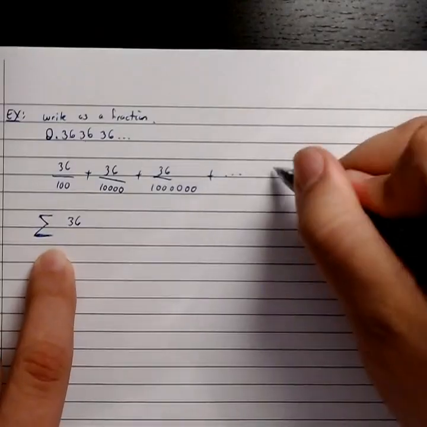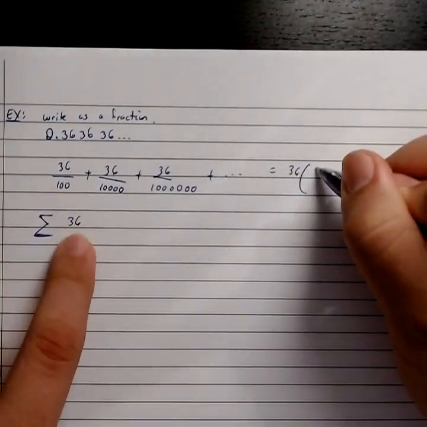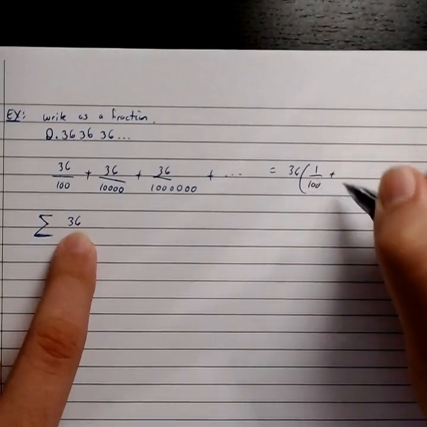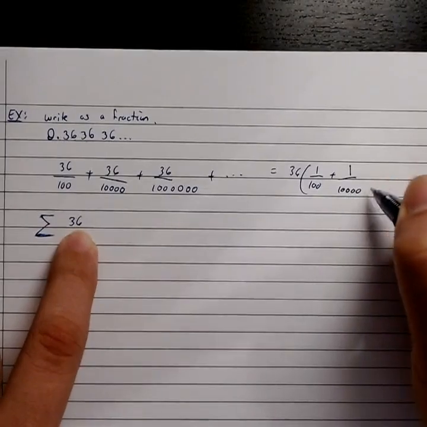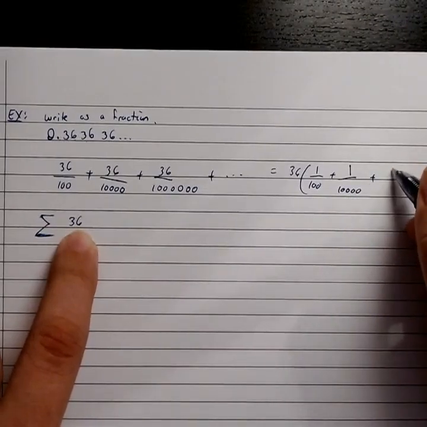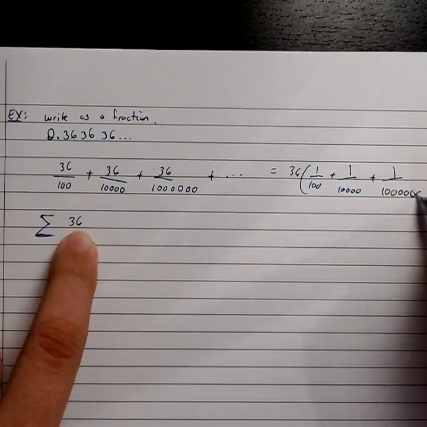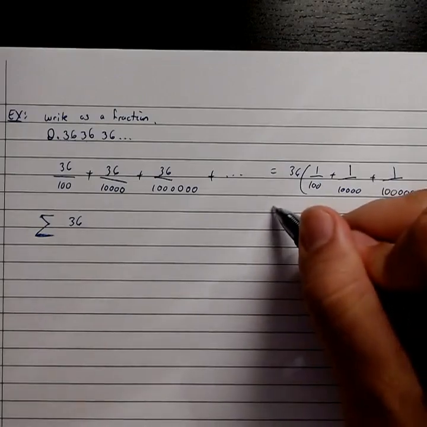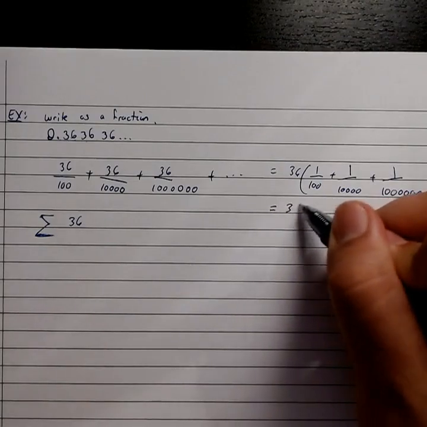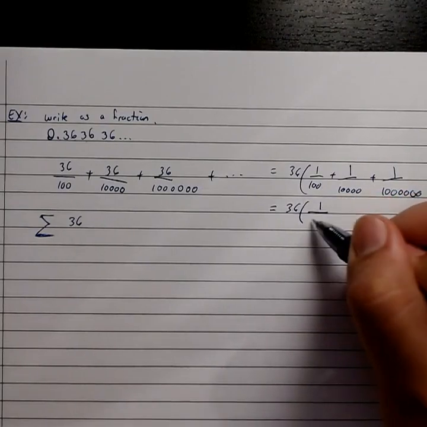In fact, before I even do that, let me write this as 36 times 1 over 100 plus 1 over 10,000 plus 1 over a million, like that.